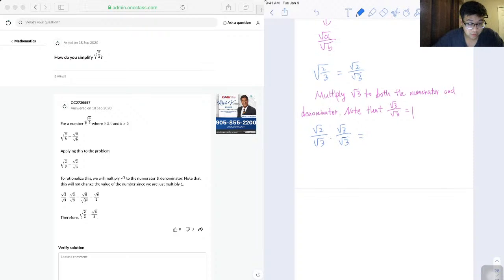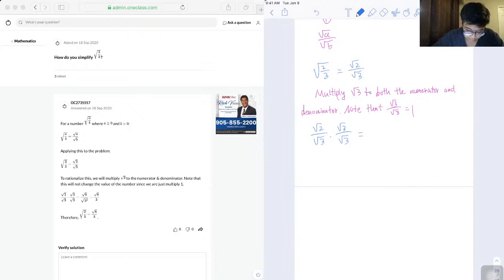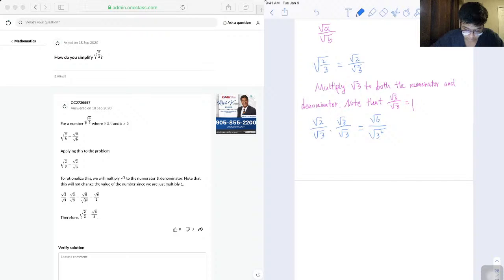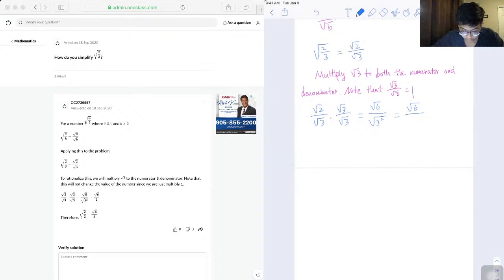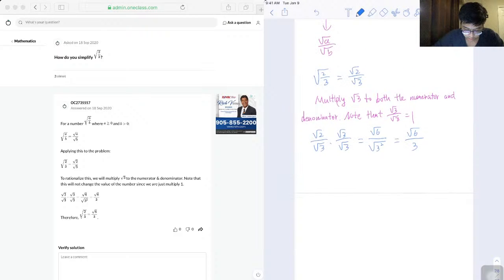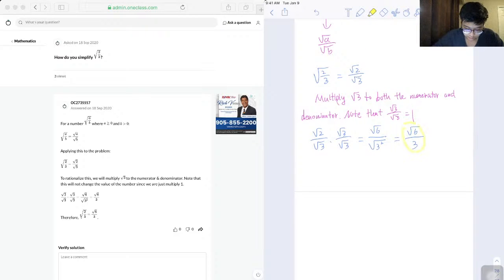So in this case, because 2 times 3 is equal to 6, and we got a 3 squared as a bottom, we get root 6, because now we got square root of 9, which is just going to be 3. And I think that will be our final answer.